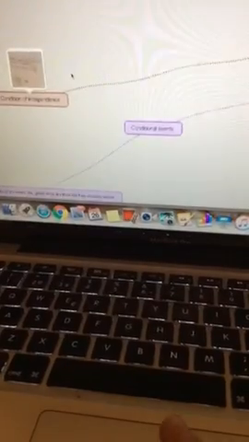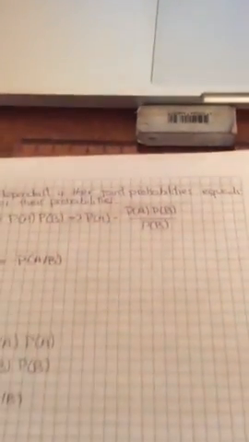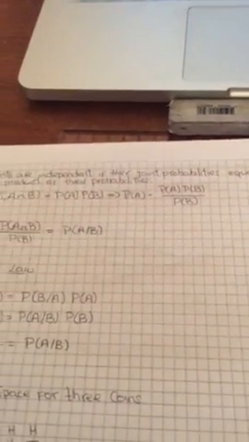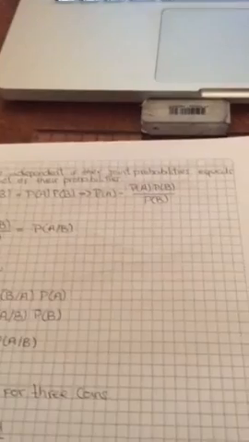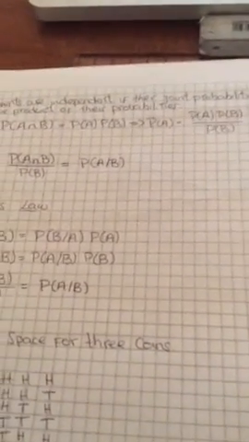The conditions of independence we can see in here, where we can see that events are independent if their joint probability equals the product of their probabilities.